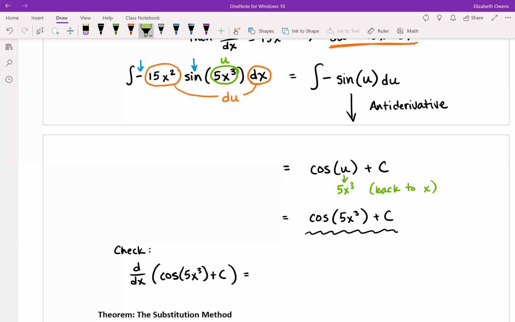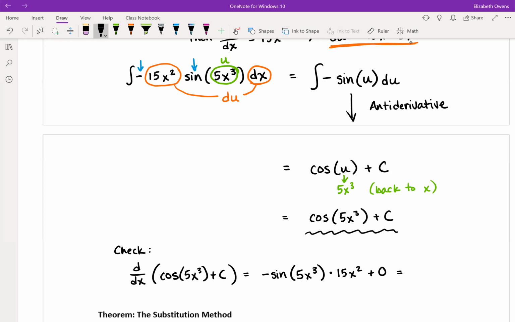That's why this u substitution method is so handy on the antiderivative. It's because this part of the derivative involves chain rule. So we are going to have the derivative of cosine as negative sine. Keep that inside the same, 5x cubed. Chain rule times derivative of the inside, which would be 15x squared. And then the derivative of c is just 0 because c is just a constant, remember.